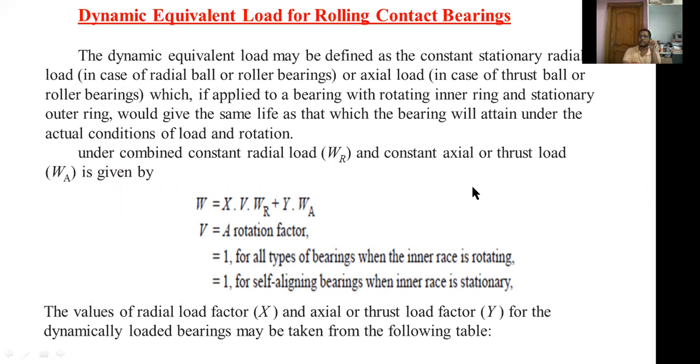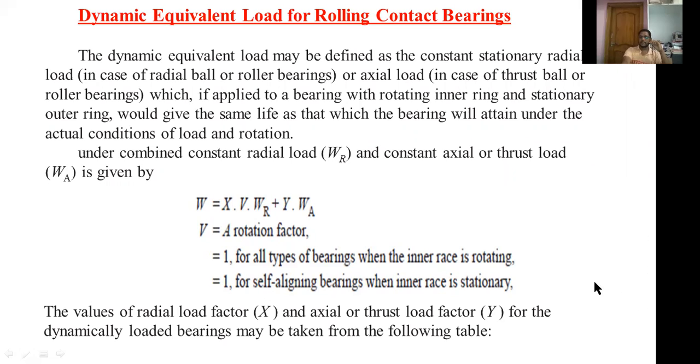The dynamic equivalent load may be defined as the constant stationary radial load or axial load, radial load in case of radial ball or roller bearings, axial load in case of thrust roller bearings, which if applied to a bearing with rotating inner ring and stationary outer ring, would give the same life as that which the bearing will attain under the actual conditions of the load and rotation.